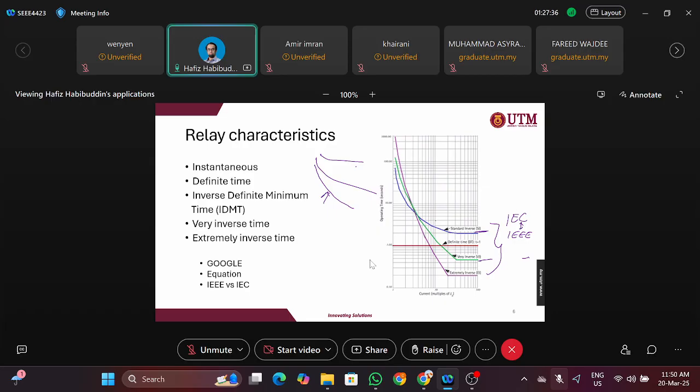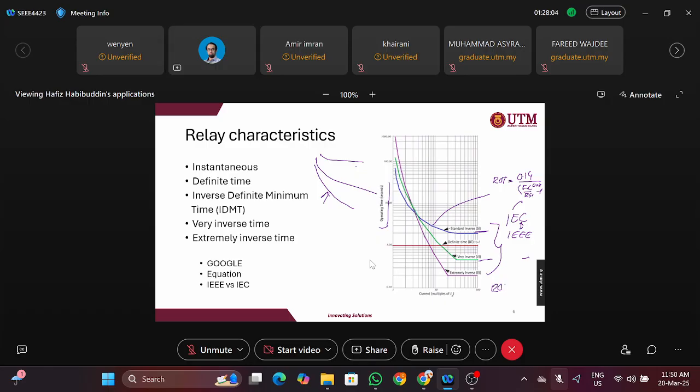Okay, the relationship for standard inverse is basically the operating time. The relay operating time is simply 0.14 over fault current divided by the relay setting current to the power of 0.02 minus 1. So this is the equation for IEC. For very inverse, you have a different equation.